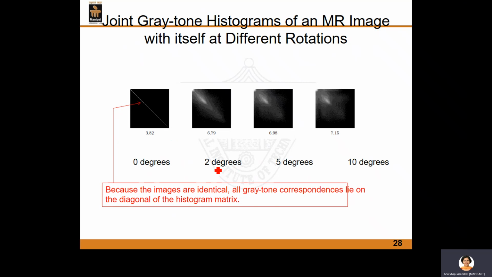But if I increase the degrees of rotation, I see that the non-zero values are spread or deviated from the diagonal. For 5 degrees, it is deviated more, and for 10 degrees, you see that it has deviated even further. Okay, so by looking at the joint histogram, we can tell how much deviation or how much transformation has occurred between the different images.